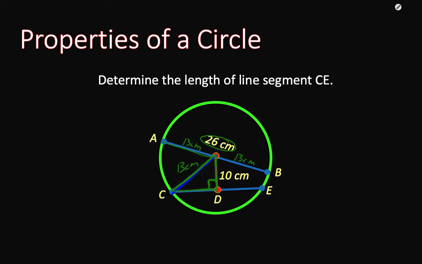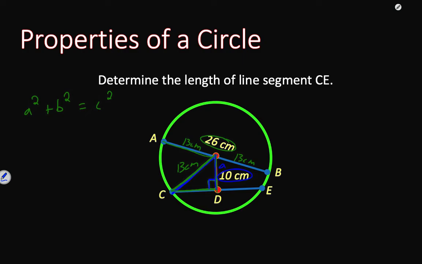When we see a 90-degree angle, we should be thinking, let's do something with Pythagorean theorem. So I have, this is my 90-degree angle. One leg is going off there. It's 10 centimeters.